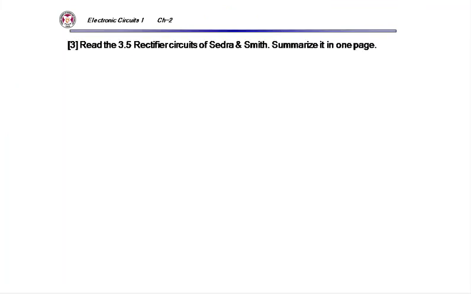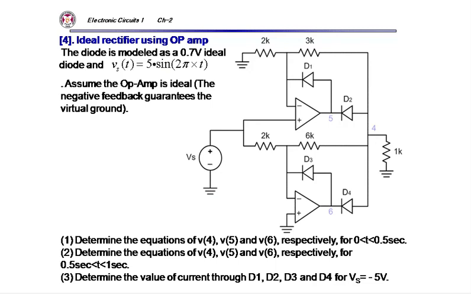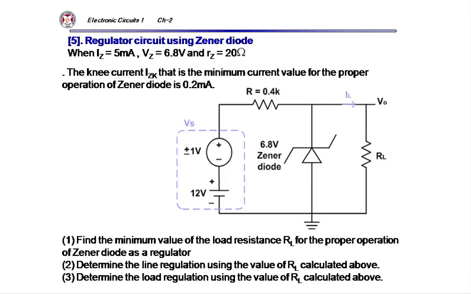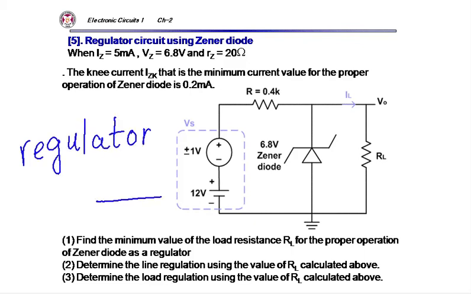Some reading: rectifier circuit, ideal diode, precision rectifier using op-amp and diode. This is a regulator. The regulator does something like this kind of voltage.